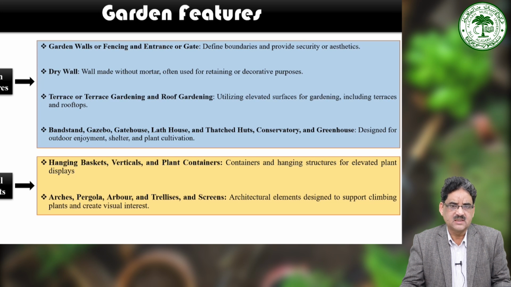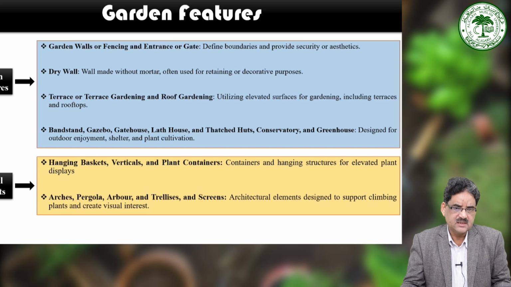The first one is the garden structure, that includes garden walls or fencing or gate, dry wall, terrace gardening and roof gardening, and the bandstand, gazebo, gatehouse, lath house, thatched huts, conservatory, and greenhouse.